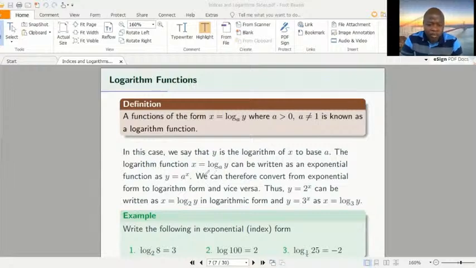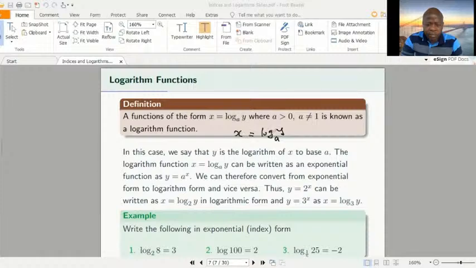Now, you can write this in exponential form. If given x is the logarithm of y to base n, then you can write it in index form or in exponential form.